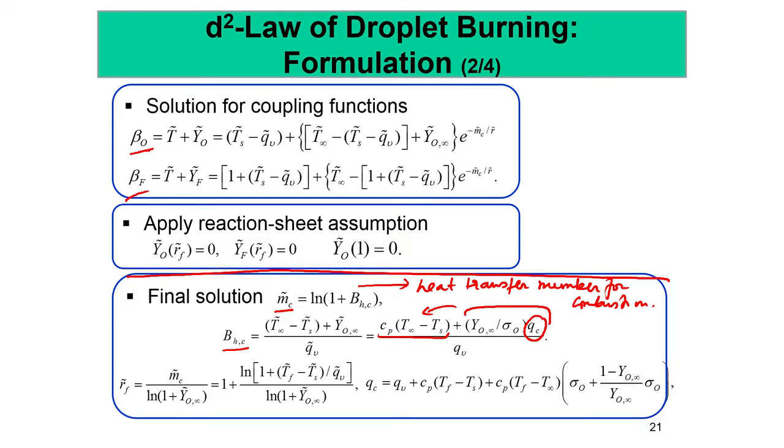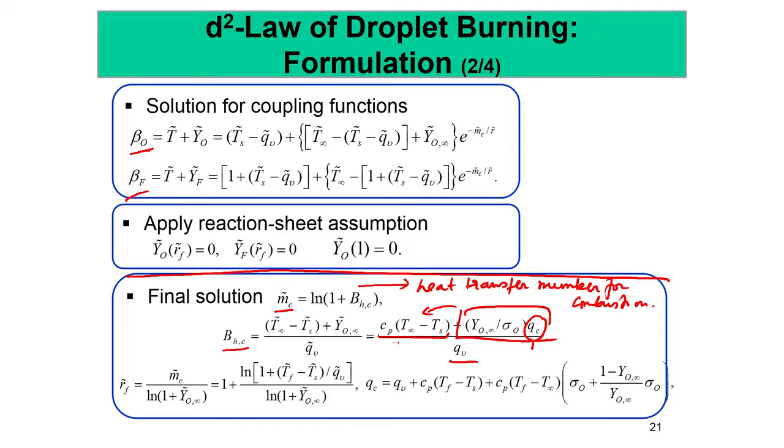Of course, there is some heat transfer from the ambient, but now the bulk of the heat transfer that causes the droplet evaporation and then the combustion of this vapor is provided by QC, normalized by the QV, the latent heat of evaporation. So this QC term is now much bigger than this term.